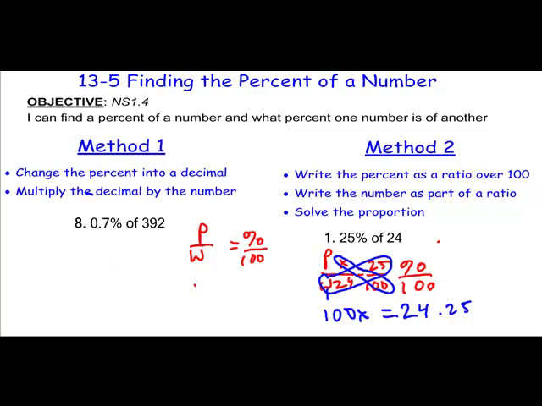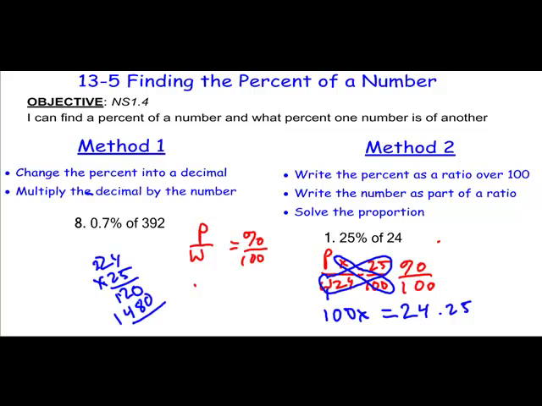And let's multiply 24 times 25. 5 times 4 is 20. 2 times 5 is 10, plus 2 is 12. And we need a placeholder down here. 2 times 4 is 8, and 2 times 2 is 4.